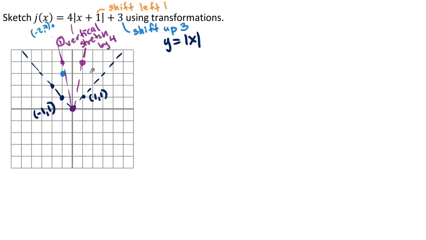And then the right point is at (1, 4). So if we go left 1, up 3, it ends up at (0, 7). So those are our points, and we're still expecting to see the shape of this parent function.